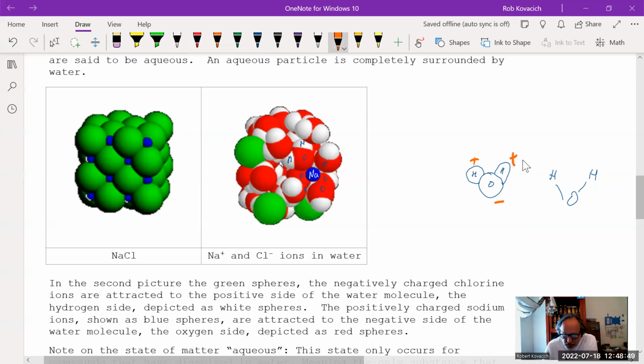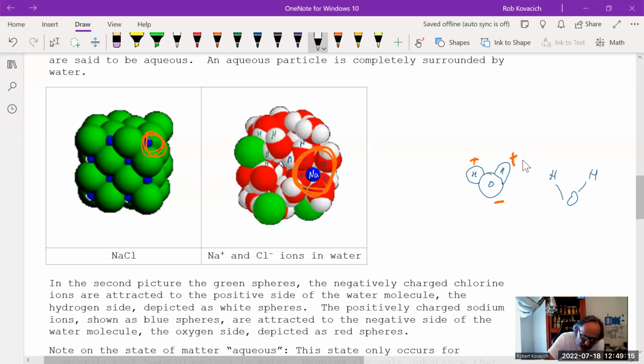So if the water molecules are going to hit a sodium, they're going to go in with their oxygen side and pull them apart. Now this sodium atom has been separated from the rest of this molecule. As a group, I could see those things, but as I pull them apart, I am no longer able to see them. And what you'll also see is this is the hydrogen side of the water molecules.